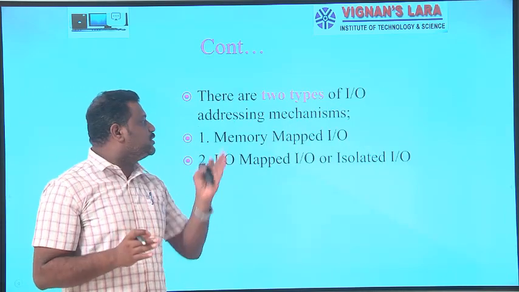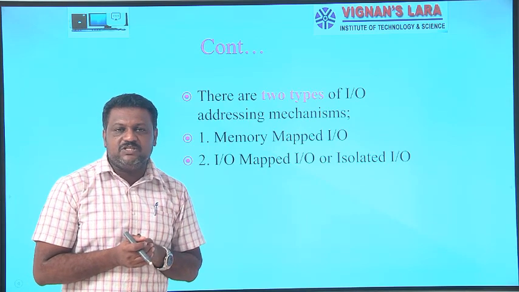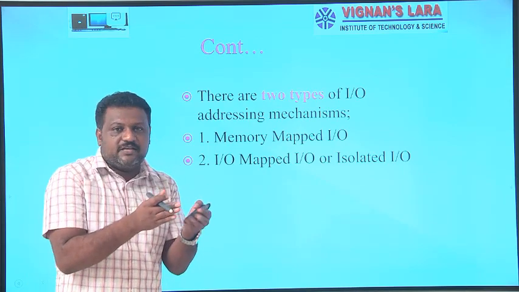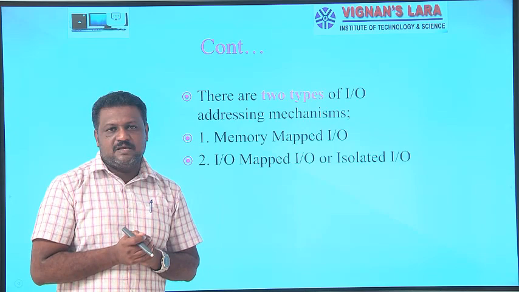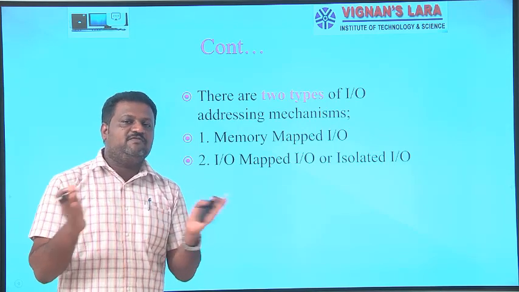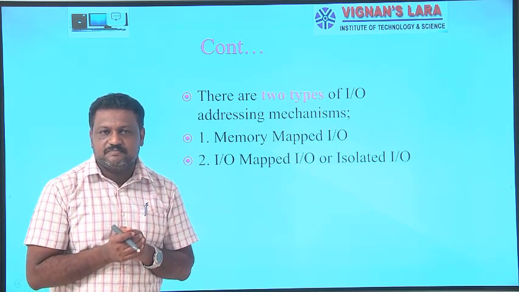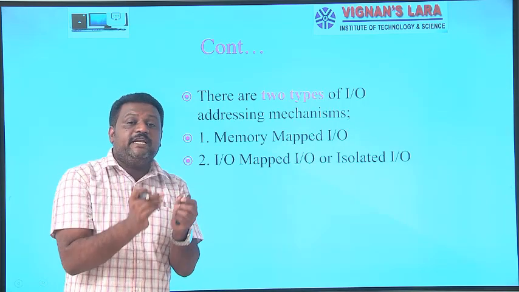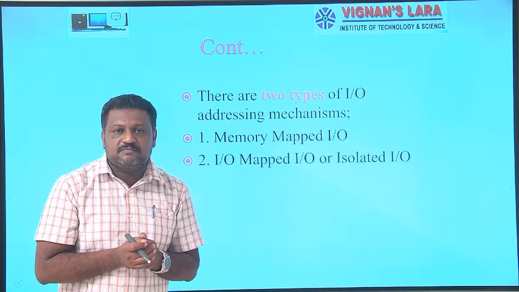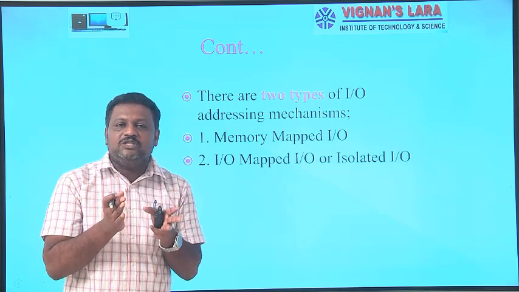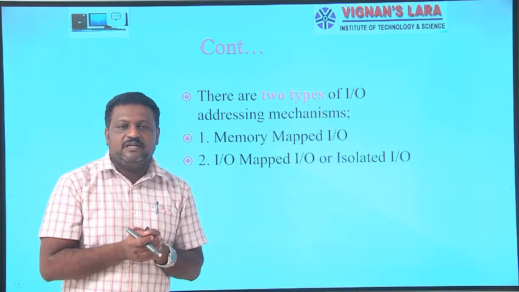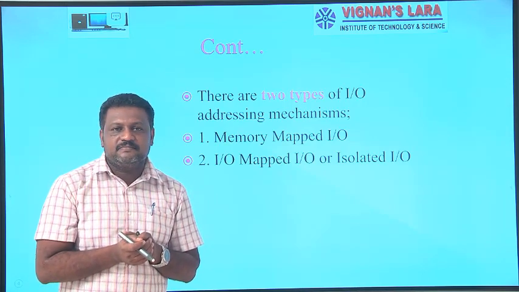There are two types of I/O addressing schemes. That means how our CPU addresses input and output devices. Because if you take your computer system, you have so many input and output devices. How can your CPU communicate with one specific I/O device? It takes the help of the address of that corresponding I/O device.